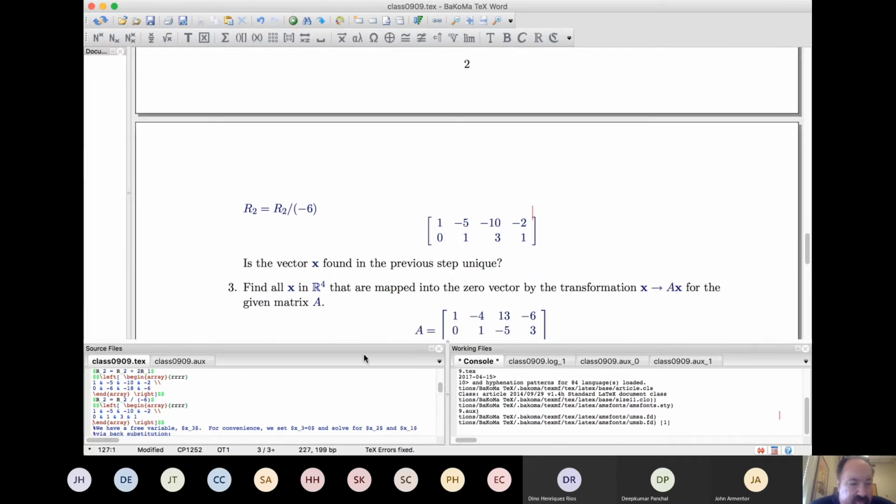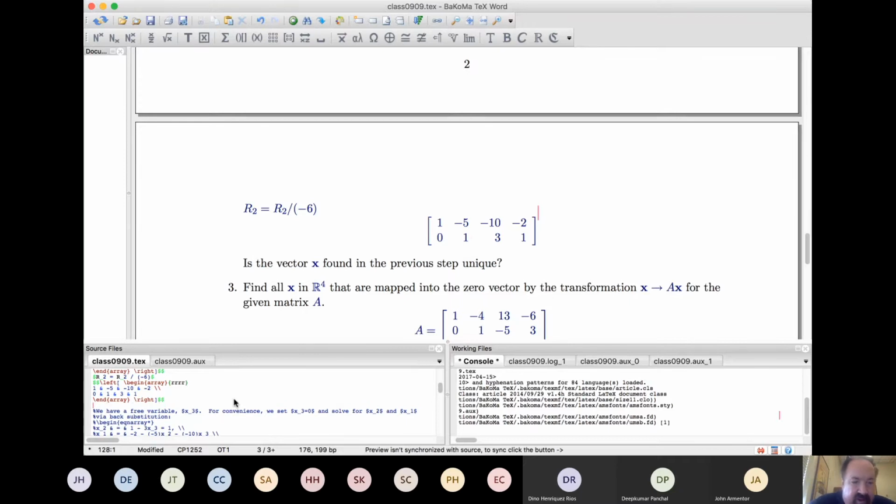So now, this is a system of equations that we're dealing with. It's consistent. You know it's consistent because you have a pivot position in every row. I'll make a note of that.